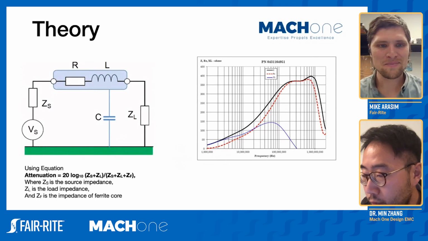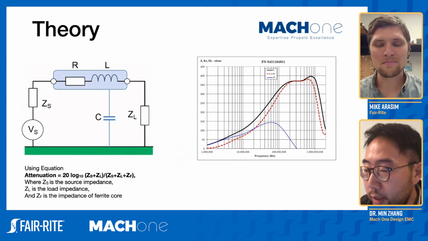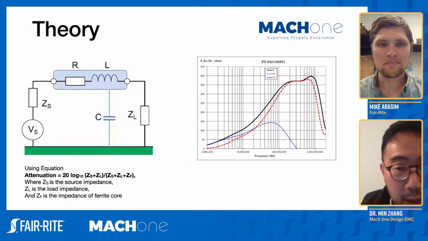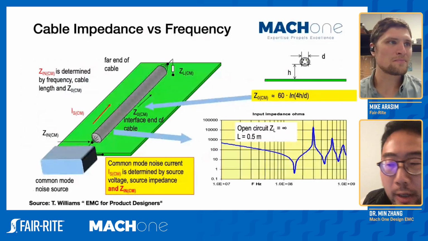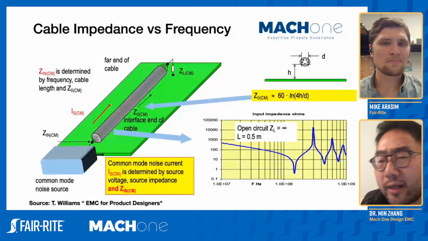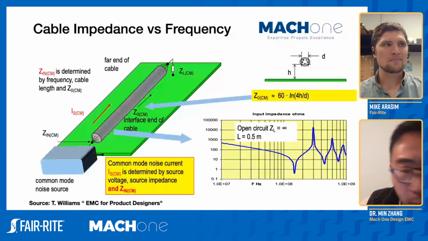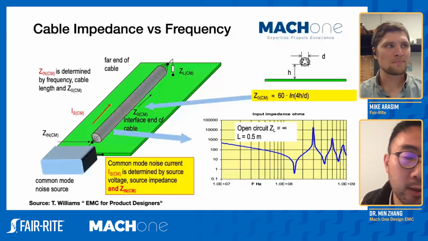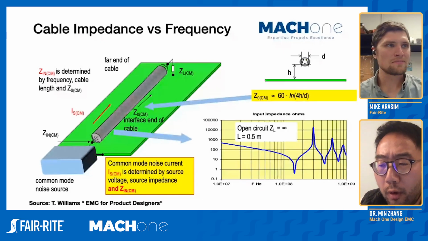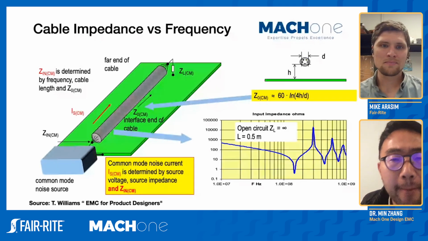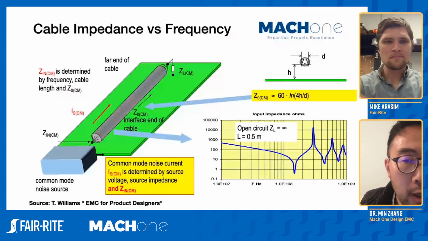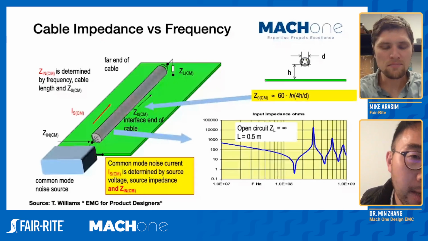So now let's move on to the next slides. This is interesting because when we are using a ferrite core, especially the cable ferrite core, we use it on cable. And the cables can be meters long or can be centimeters or tens of centimeters long. Another tricky thing about cable connection is, again, you don't really know. Let's take a shielded cable, for instance.